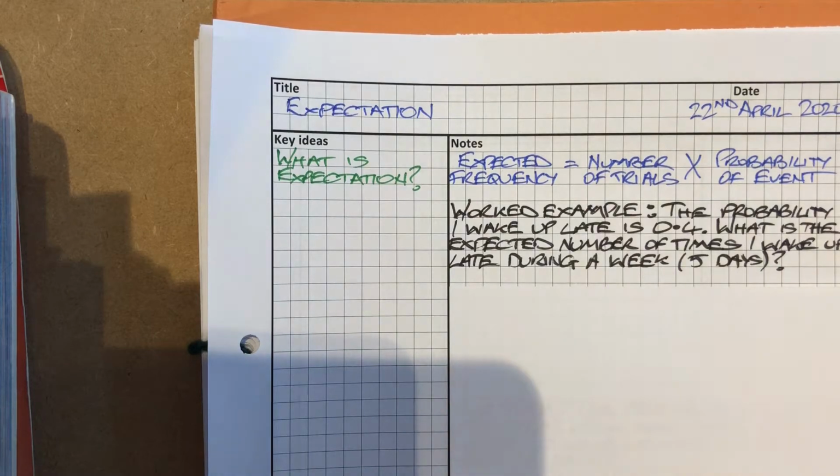So the probability that I wake up late is 0.4. How many times would you expect me to wake up late during 1 week at school? That's 5 days.